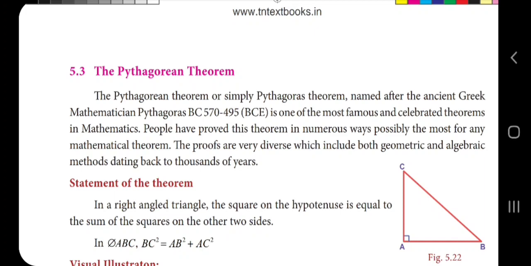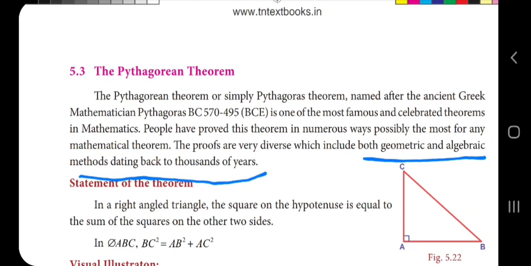People have proved this theorem in numerous ways, possibly the most for any mathematical theorem. The proofs are very diverse, which include both geometric and algebraic methods dating back thousands of years.